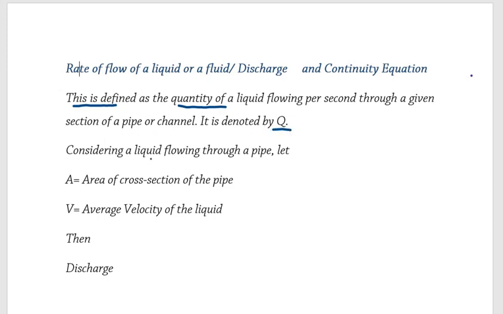So considering a liquid flowing through a pipe, let A be the area of cross-section of the pipe, and V be the average velocity of the liquid. Then discharge Q will equal area times the average velocity.